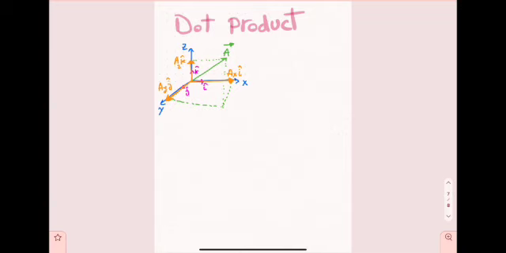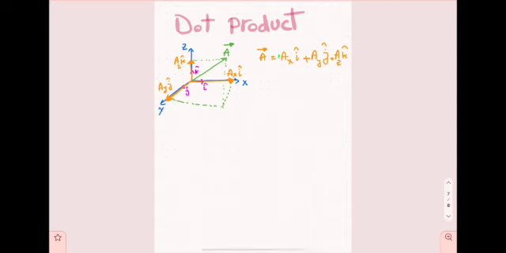In other terms, if we write the vector A in terms of its components, we can write A equals Ax i hat, so this is the vector in the direction of the x-axis, plus Ay j hat, plus Az k hat.